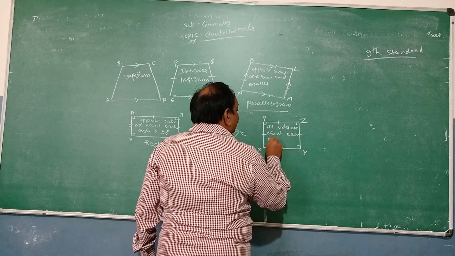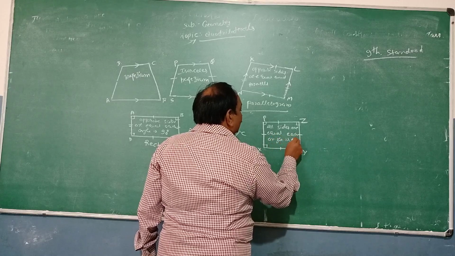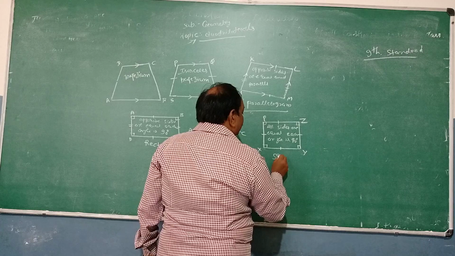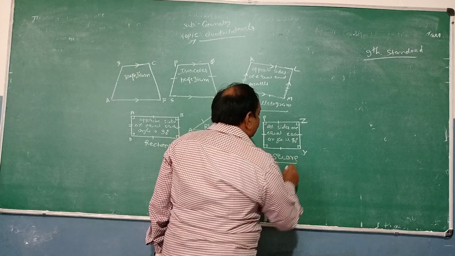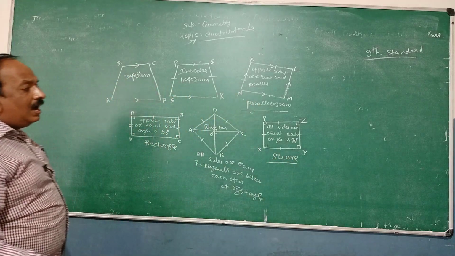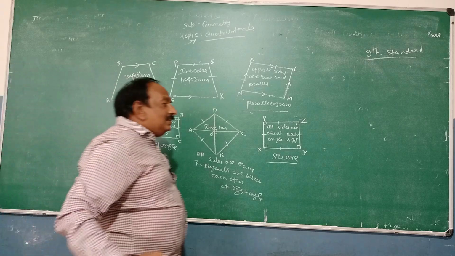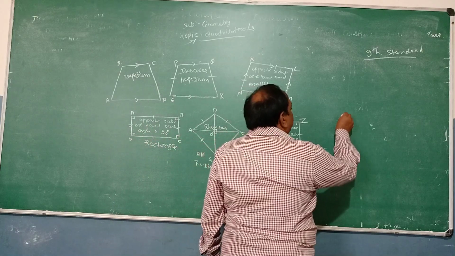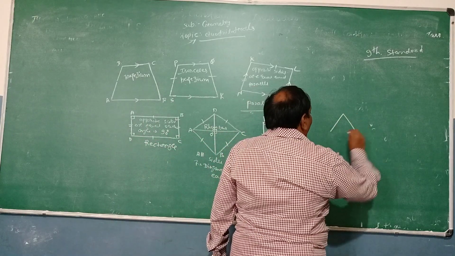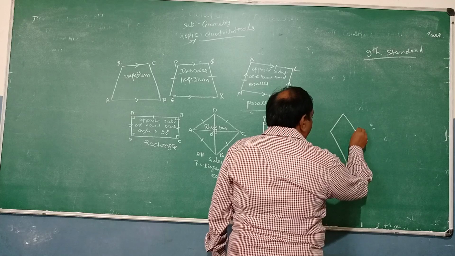Here all sides are equal and each angle is 90 degrees. We call it a square. In Kannada, varga or chauka. There is another type of quadrilateral.